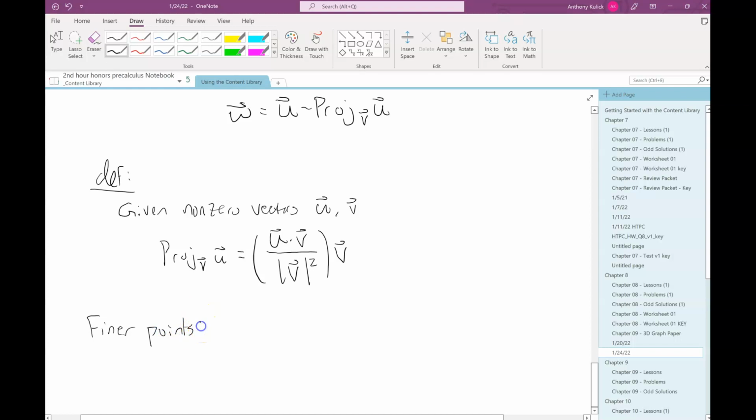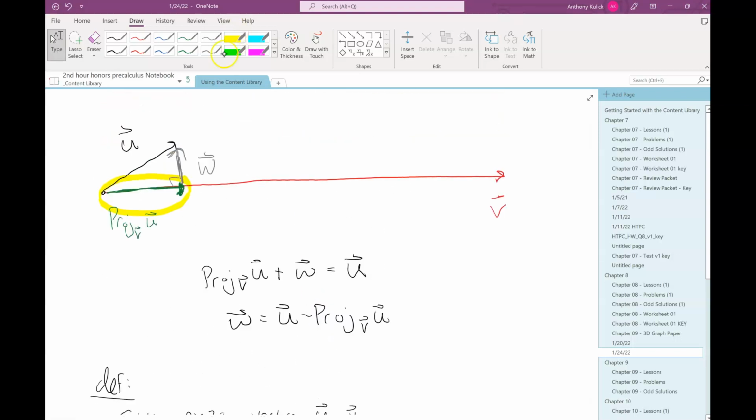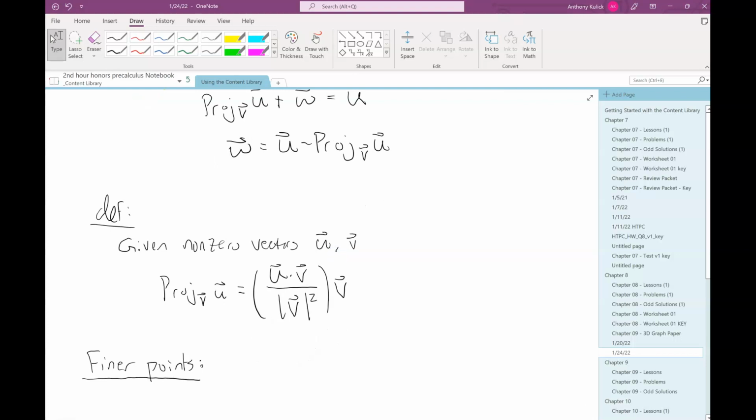Okay, so some finer points here talking about this formula for the projection. Notice in this situation that we drew up above, I drew V arbitrarily big, right? That's just really big.